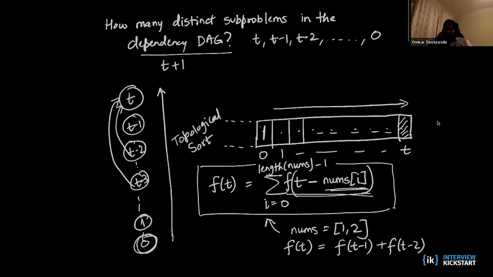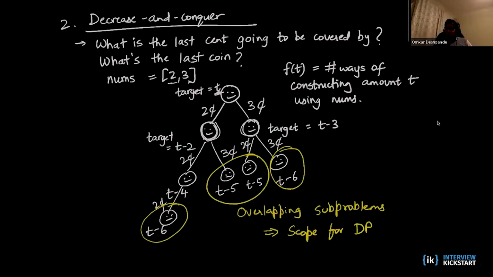You will see that in the next problem, because there we might end up with a 2D array, at least to start with. What I did is I just asked this basic decrease and conquer question, which is what I'll do in the next problem also.